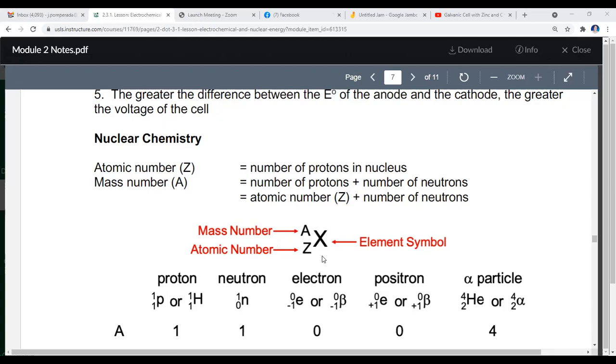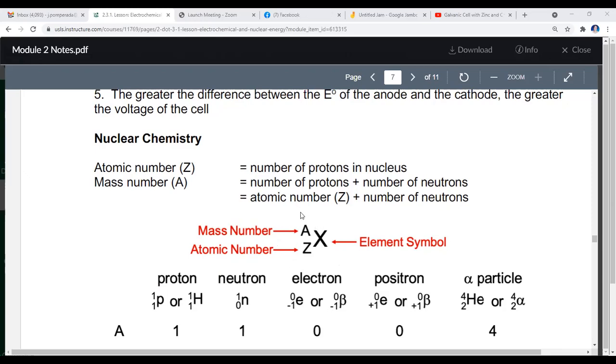Now, you know this already since high school chemistry that the atomic number simply represents the number of protons. This should also be the same as the number of electrons if your element is not in an ion form, if it's not charged. So your atomic number automatically represents the protons and electrons as well for a neutrally charged atom.